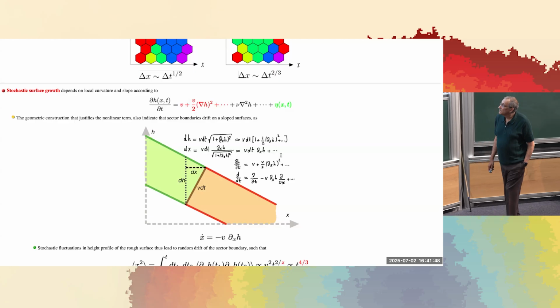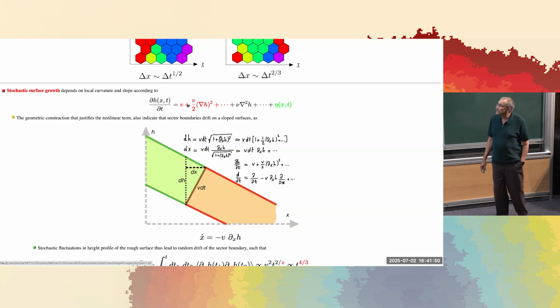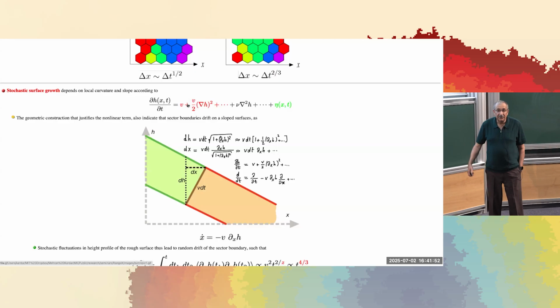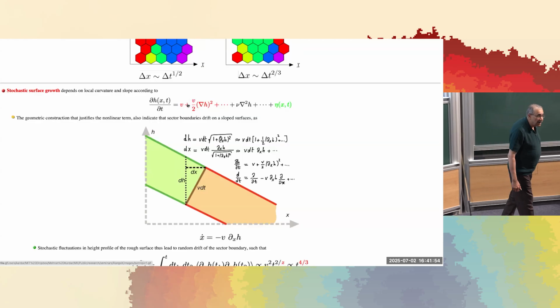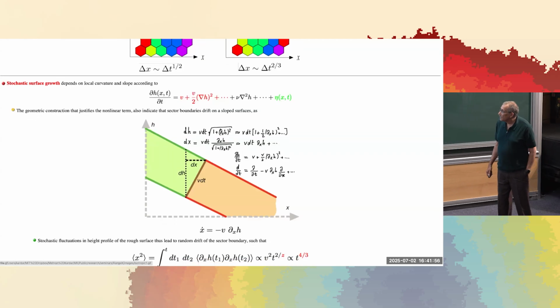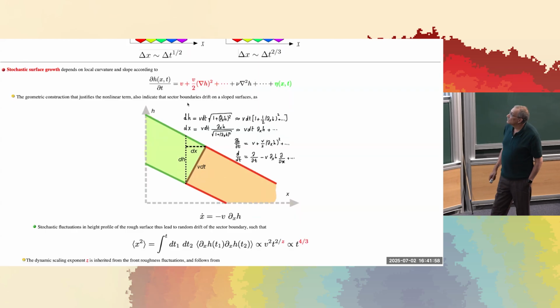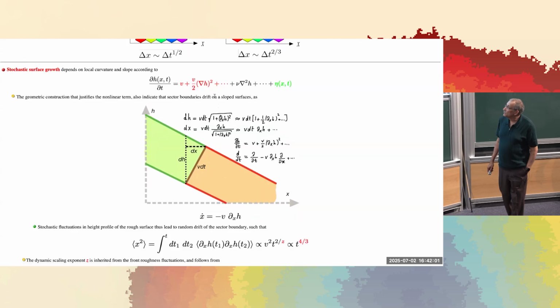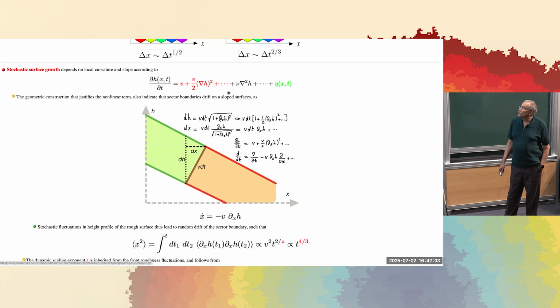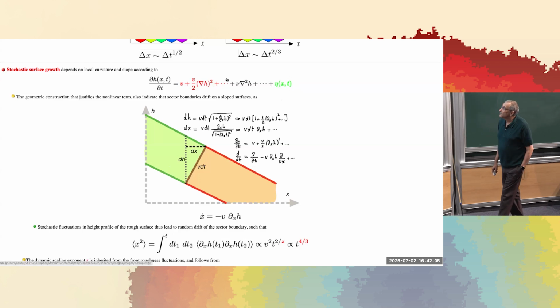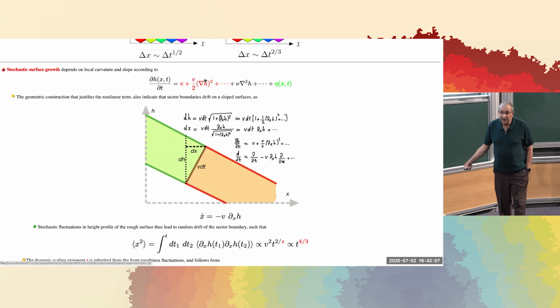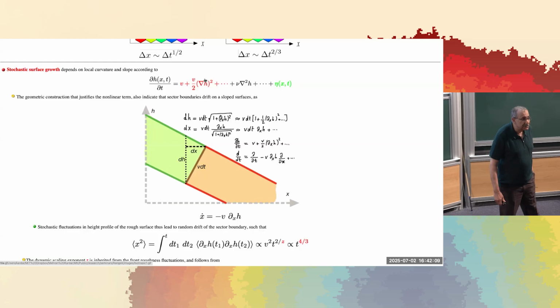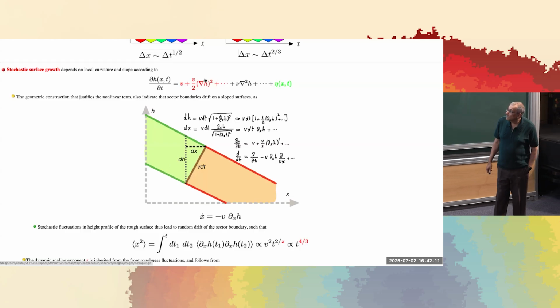And so if I expand that, I will get this nonlinearity of the KPZ equation. So if I want to figure out what the slope fluctuations are, I have to look at this equation, its noisy variant, and calculate what the scaling of the fluctuations of the slope are that is determined by that equation.